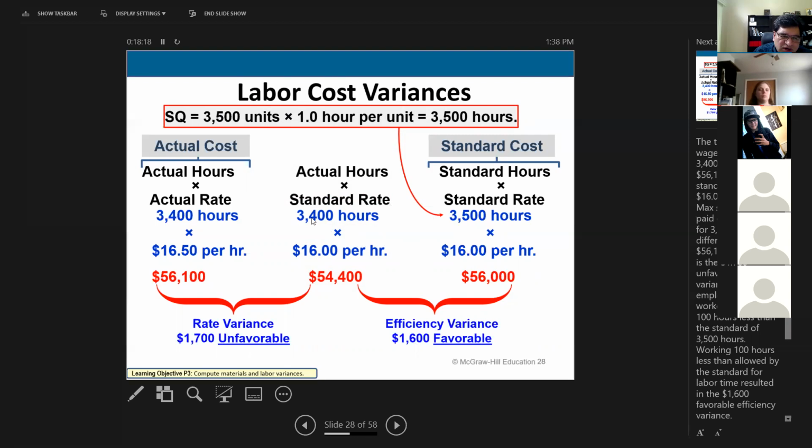You use 3,400, so this is favorable because you used less hours than what were allowed. You used 100 less hours at $16 per hour, 1,600 favorable. So if you add it together, you will have 1,700 unfavorable plus 1,600 favorable for 100 unfavorable.